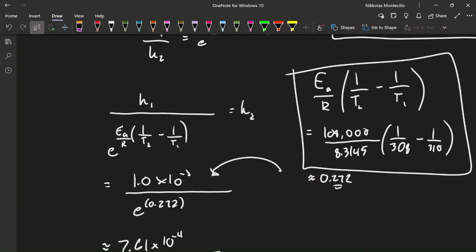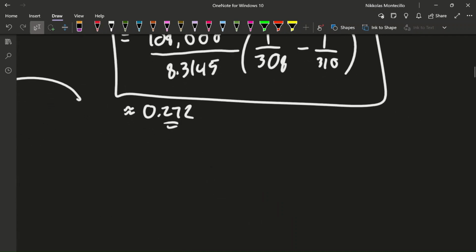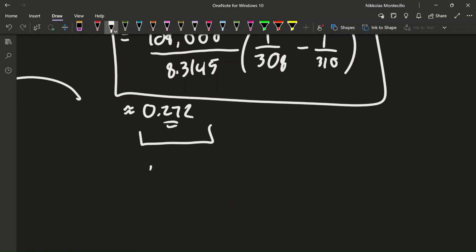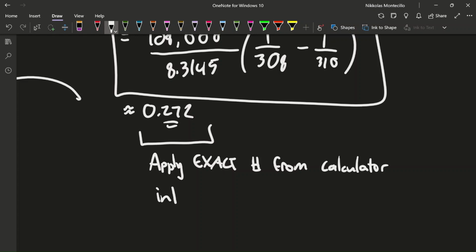And then I apply whatever answer I got here. Just make a note: apply the exact number from the calculator into e to the power of x.